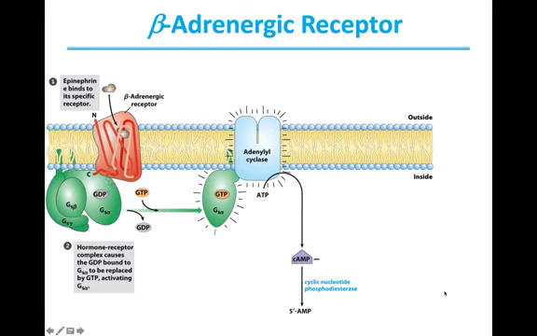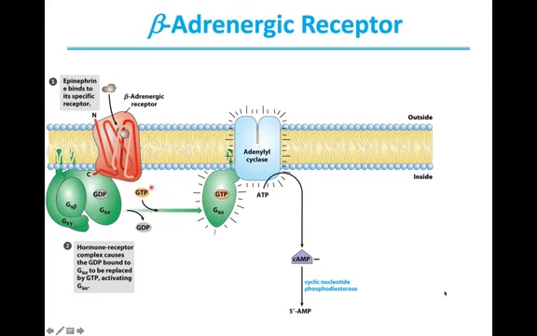Now, once this interaction of the beta adrenergic receptor with GS alpha is affected because of the interaction of epinephrine, GS alpha results in the expulsion of GDP from the alpha subunit. As a result, GTP comes in and binds GS alpha.